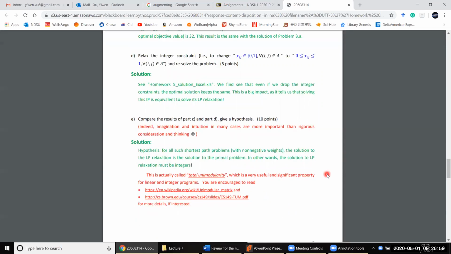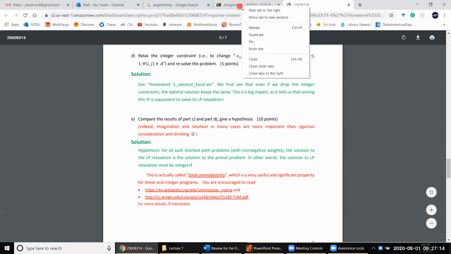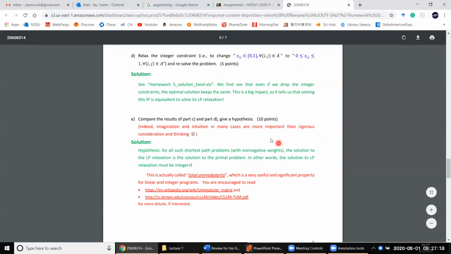And why can we find the shortest path from A to B very fast? Because of the total unimodularity of the shortest path problem. If we don't have it, trust me, even calculating from Walmart to NDSU would take huge amounts of time and you could not tolerate it. It would bring a great inconvenience into our life.